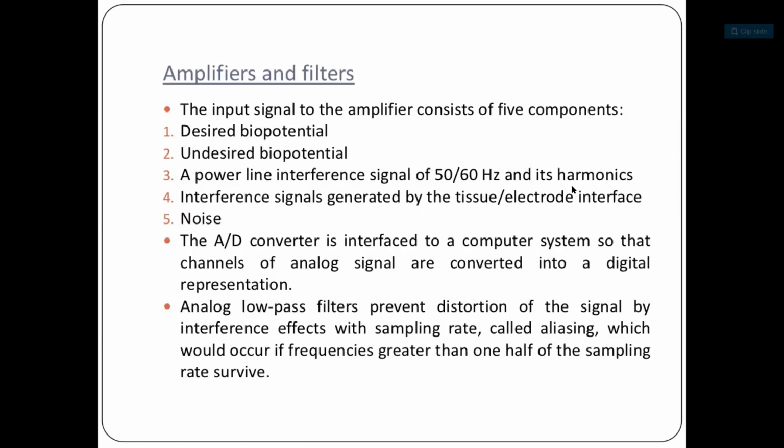The A to D converter is interfaced to a computer so that the channels of analog signal are converted into a digital representation. Analog low-pass filters prevent distortion of the signal by interference effects with the sampling rate, called aliasing, which would occur if frequencies greater than one half of the sampling rate survive.